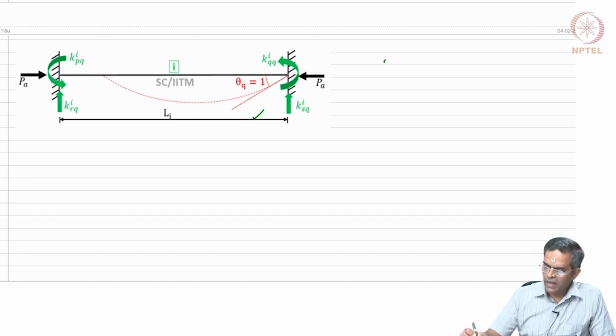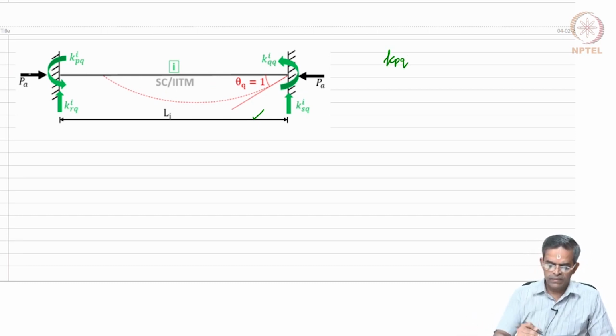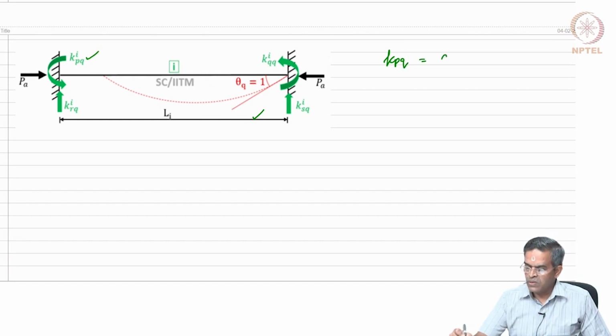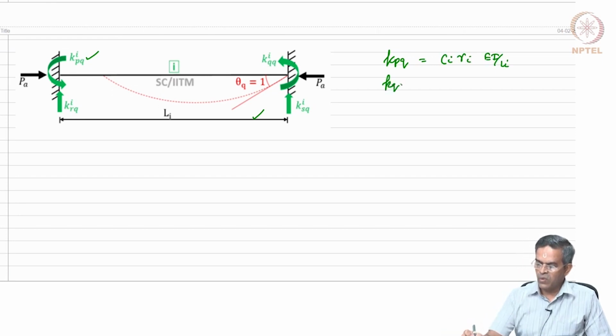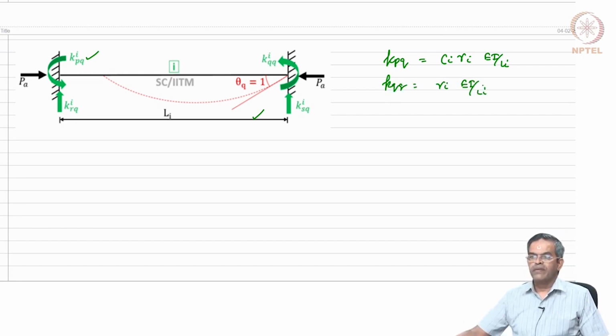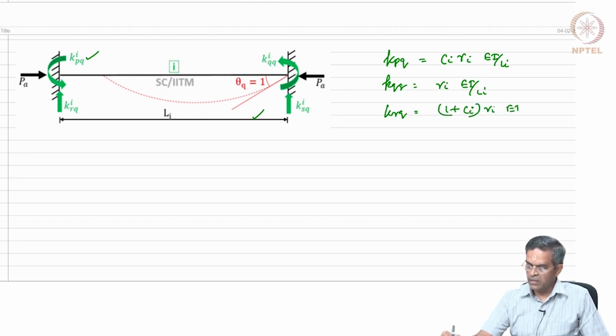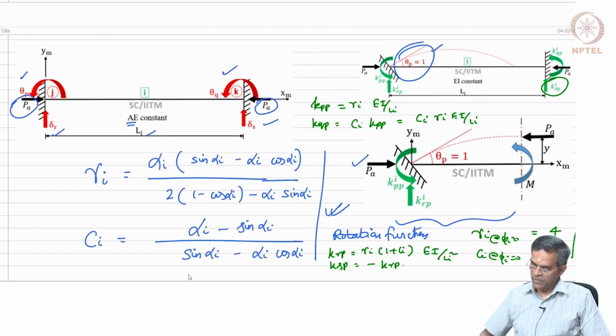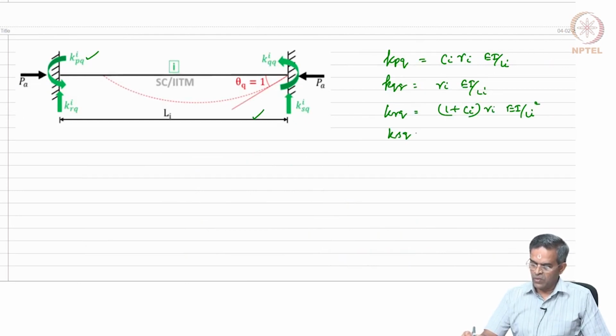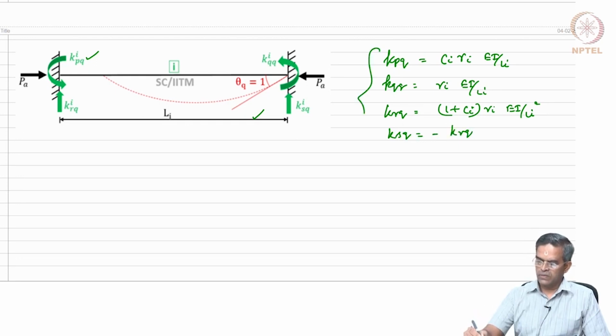Then we said Kpq, which is here, is now Ci Ri Ei by Li, whereas Kqq is Ri Ei by Li, and Krq is 1 plus Ci times Ri Ei by Li square, and Ksq is minus of Krq. We got this.